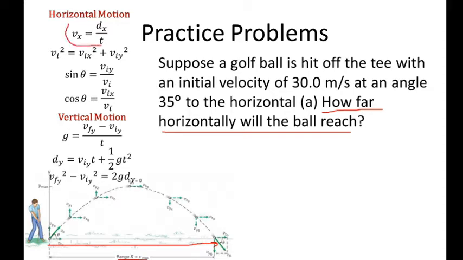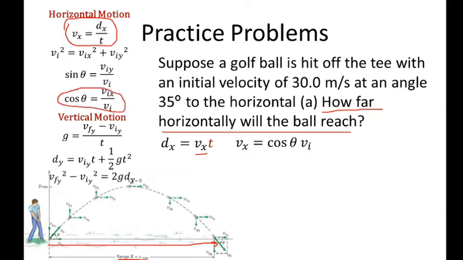We only have one formula for dx, and rearranging that, we will have dx equals vx times time. We can compute vx using this formula, which is found here in our equations on the left.